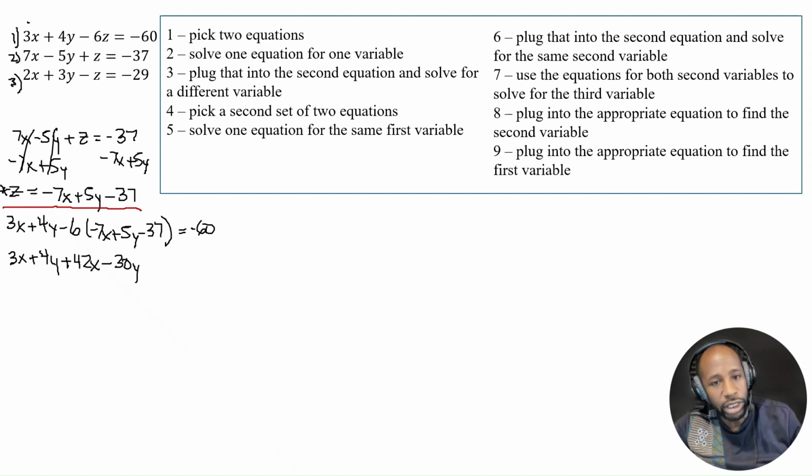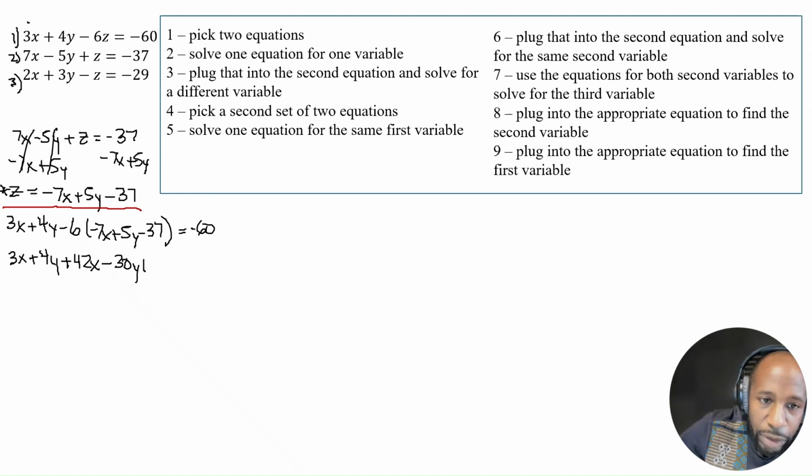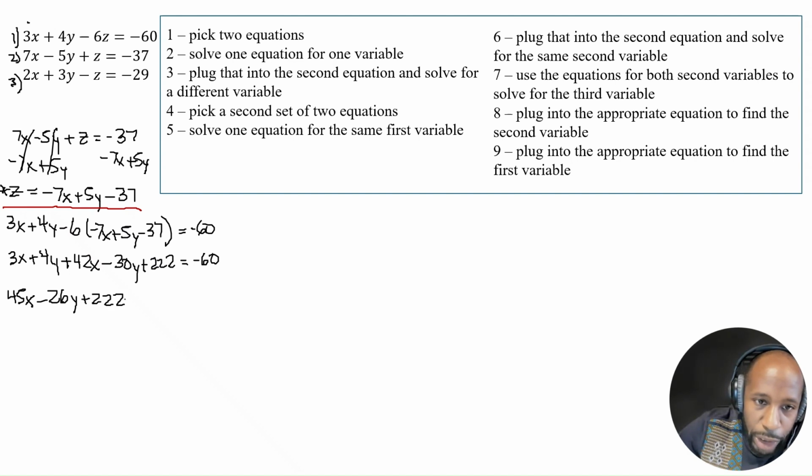And negative 6 times negative 37 is positive 222 equals negative 60. Combining like terms, 3x and 42x is 45x. 4y and negative 30y is negative 26y. And then you have plus 222 equals negative 60.